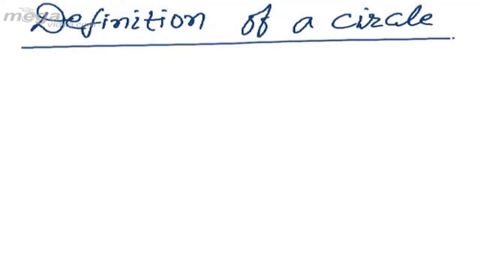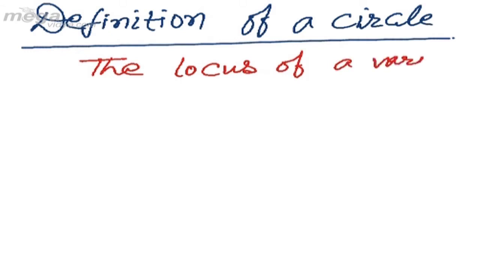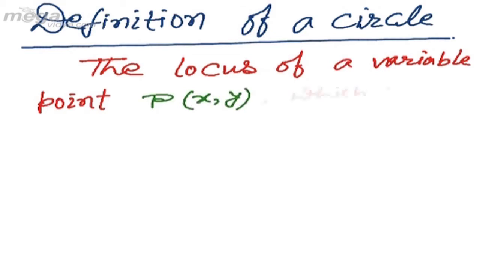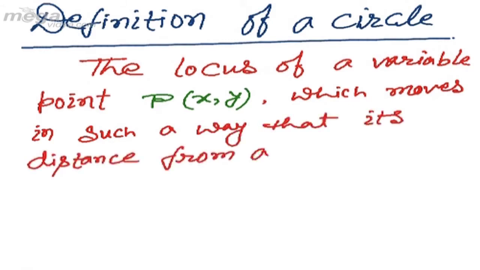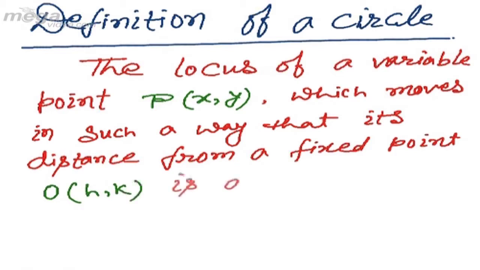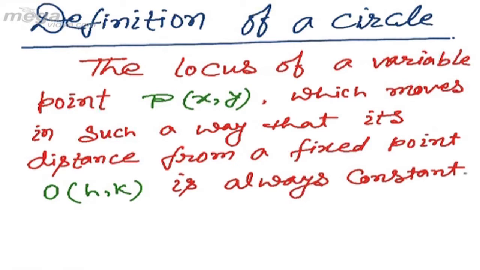Now, I'm taking here the mathematical definition. It is the locus of a variable point, suppose it is P(x, y), which moves in such a way that its distance from a fixed point, suppose it is O(h, k), is always constant, and suppose that constant is r.